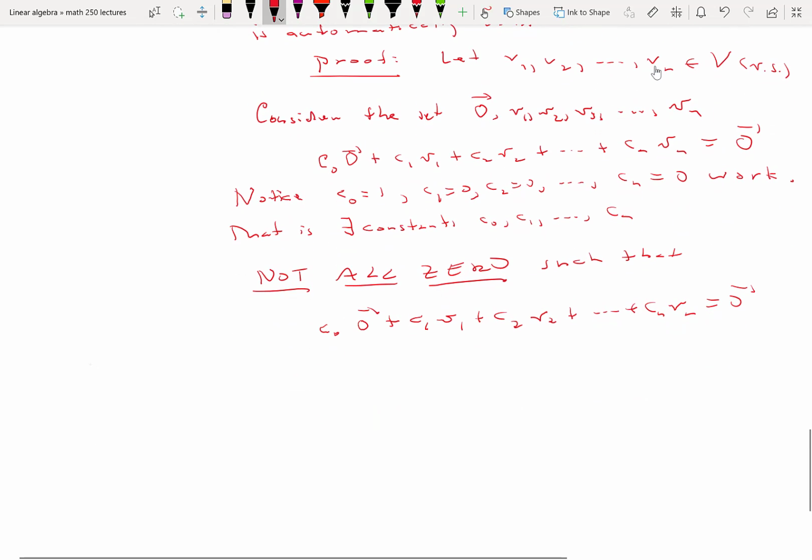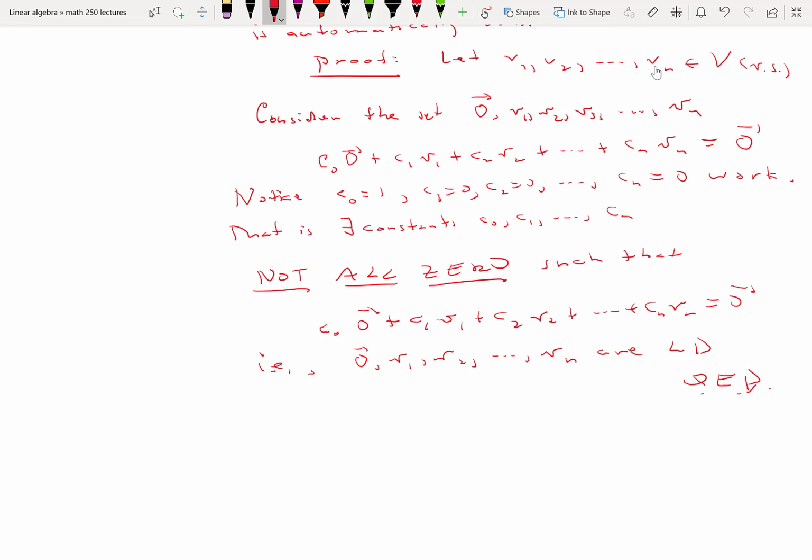That's the definition of linear dependence. That is, the set containing 0, V1, V2, all the way up to Vn is linearly dependent. QED.